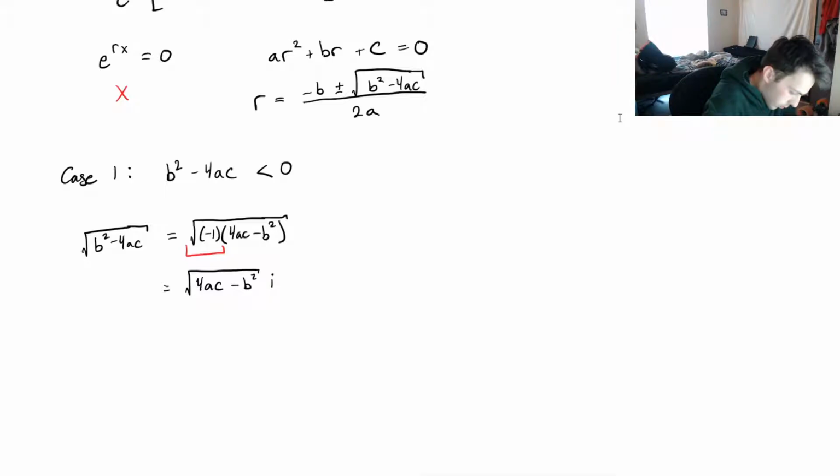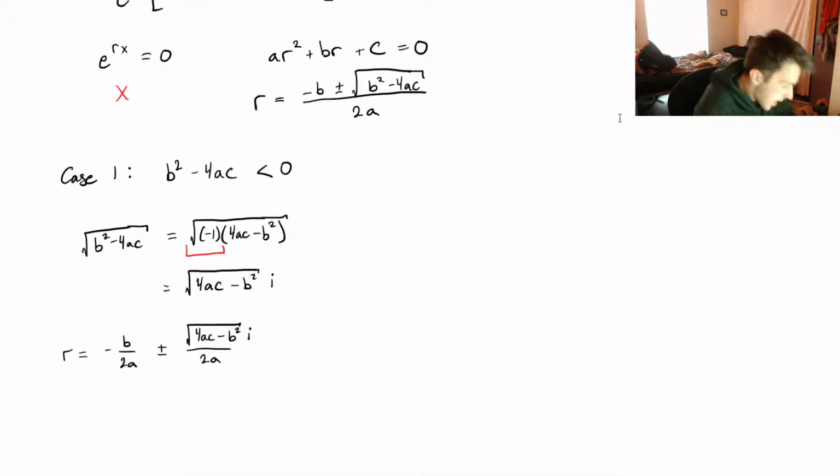So now we've got r is equal to minus b over 2a, plus or minus, and this will now be the square root of 4ac minus b squared times i all over 2a. Okay? So let's just do a quick little simplification here.